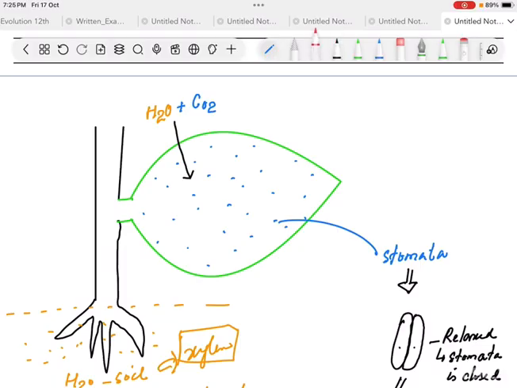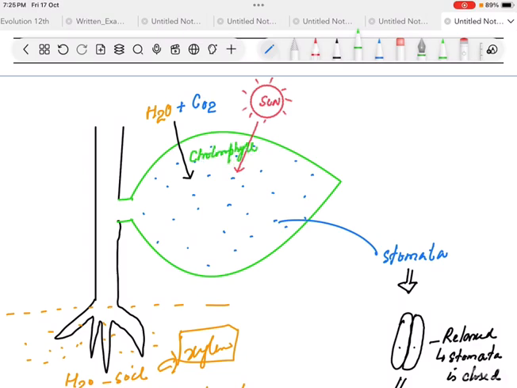Plant also requires, as we earlier said, light energy, and it comes mainly from the sun. Now the plant has three ingredients. The first was water, the second raw material was carbon dioxide, and it also required light energy that came from the sun. It also has chlorophyll.